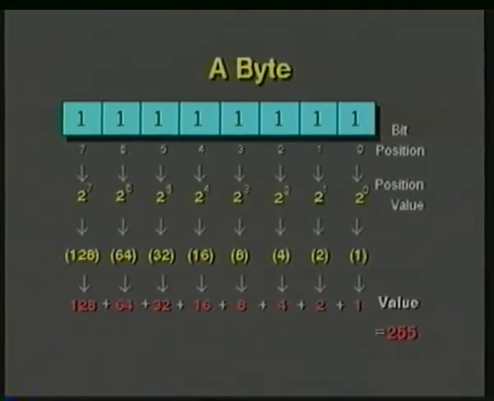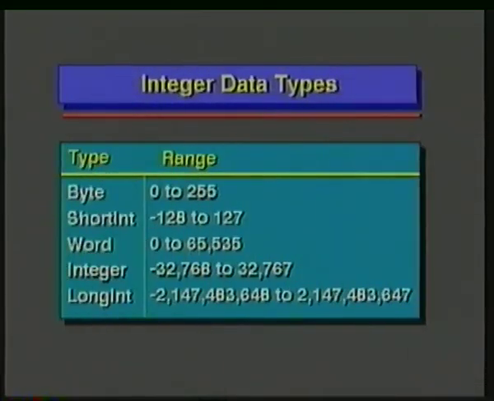But remember that integers are positive and negative whole numbers. By using a slightly different encoding scheme for the bits in a byte, the byte can hold a range of 256 values from negative 128 to positive 127. As you can see from this table, there are actually 5 different integer data types in Pascal, each of which is capable of representing a different range of values.